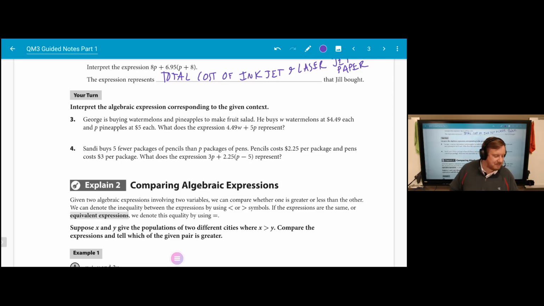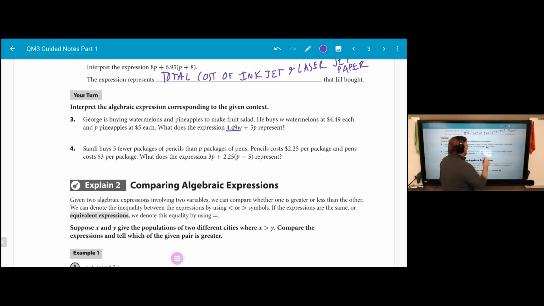Okay, here we go. George is buying watermelons and pineapples to make fruit salad. Ooh, I love fruit salad. He buys W watermelons at $4.49 each and P pineapples at $5 each. What does the expression 4.49W plus 5P represent? Well, 4.49W is the total cost of watermelons because he buys W watermelons at $4.49, and P pineapples at $5.